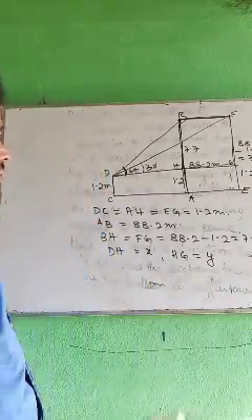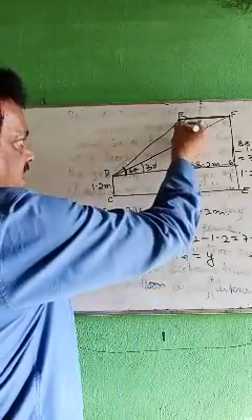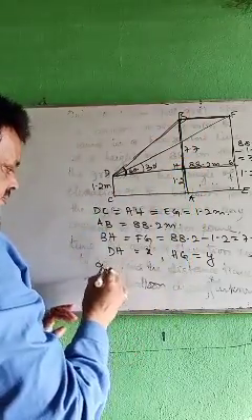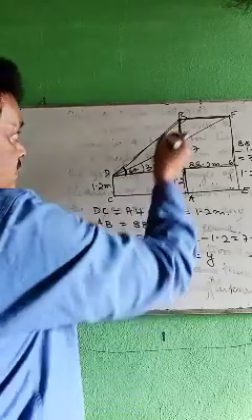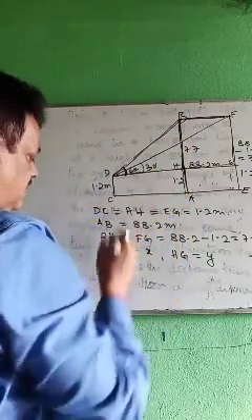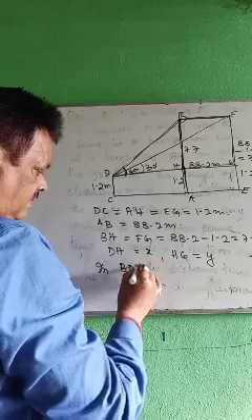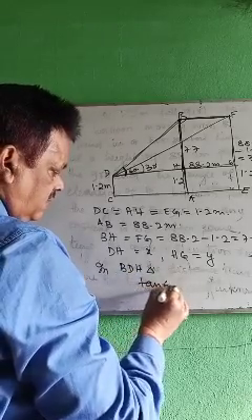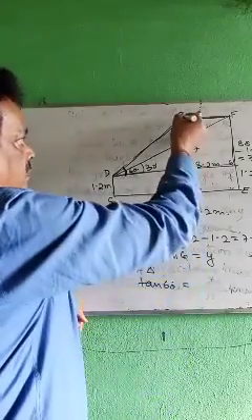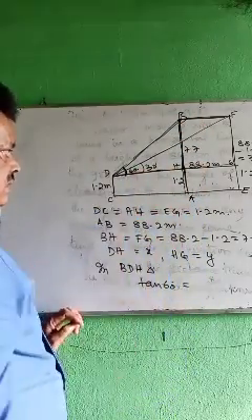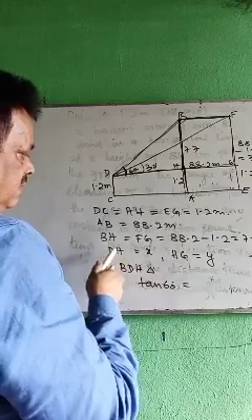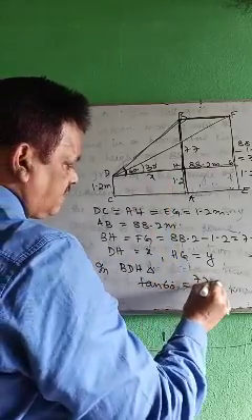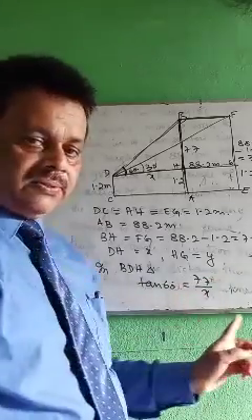Okay, now come back to the 60 degree angle. Which triangle? In triangle BDH, tan 60 equals perpendicular by base. DH I have taken x, so 77 by x. Solving part you have to do.